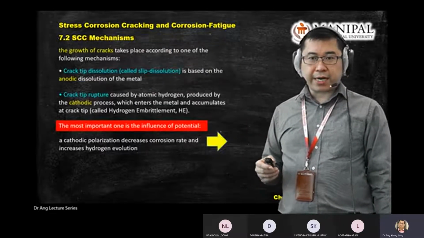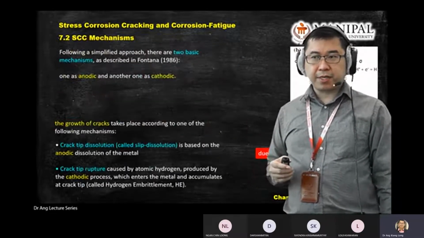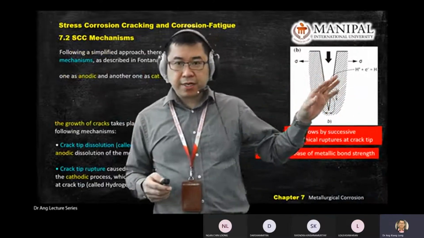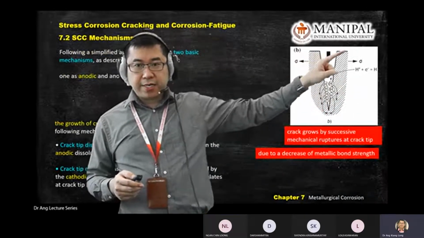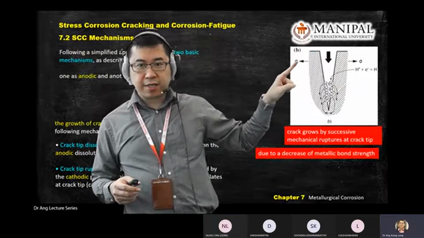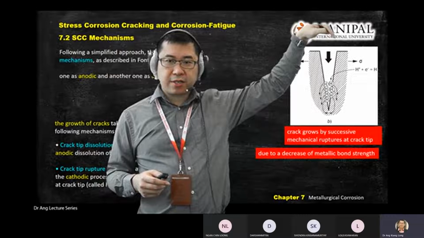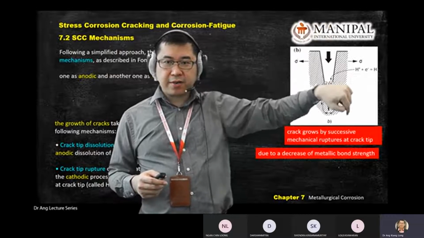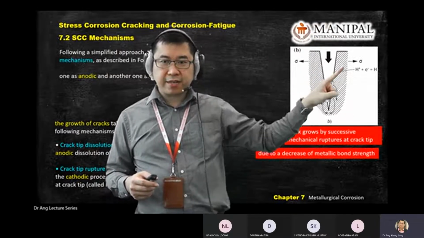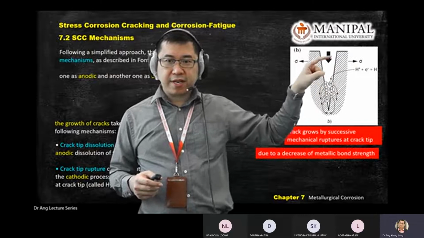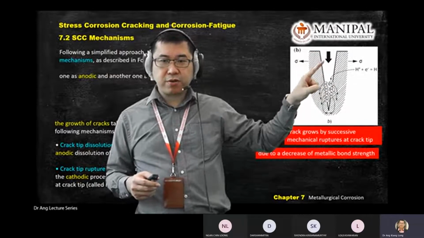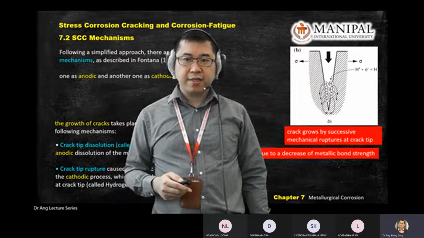If you look at the diagram previously, for example, I take this one. As you can see, where is the SCC direction? You see the tensile at both ends, right? Pulling both ends. Where is the direction of the cracking? 90 degrees. If you draw a line here and draw a 90 degree, the arrow shows the direction of cracking.